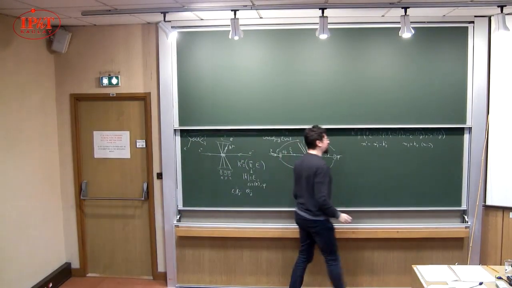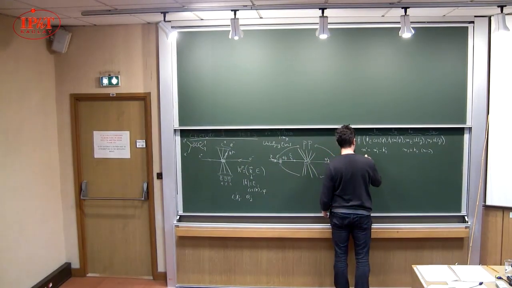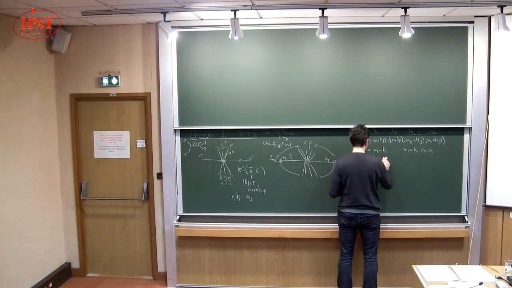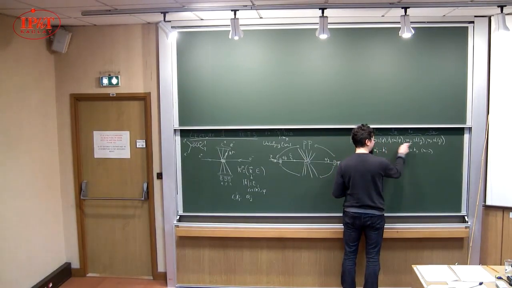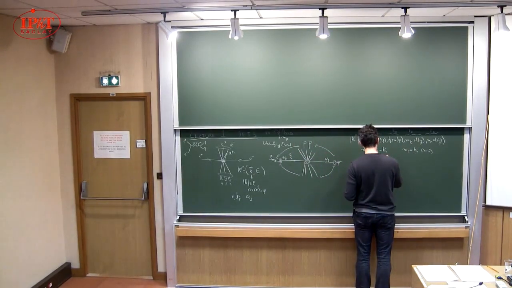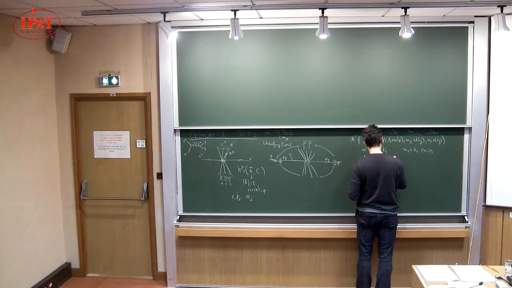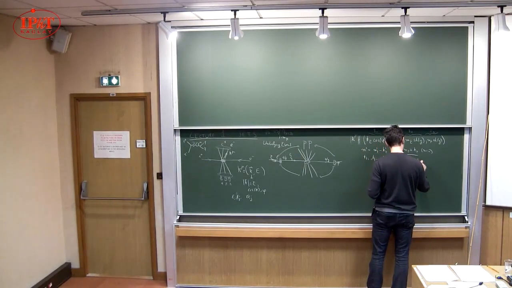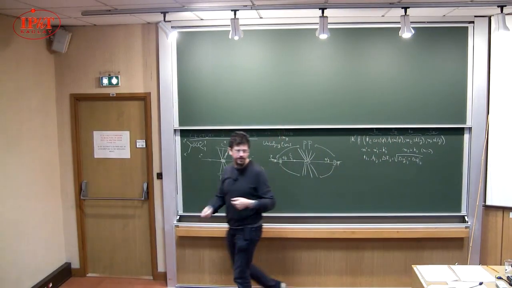In this case, if you have two particles, what you're going to use is kTi, kTj, and instead of the angles, you're going to define the angles again on that cylinder, which I'm going to call delta Rij, which is the square root of delta Yij squared plus delta phi ij squared. Again, delta phi here takes into account periodicity.